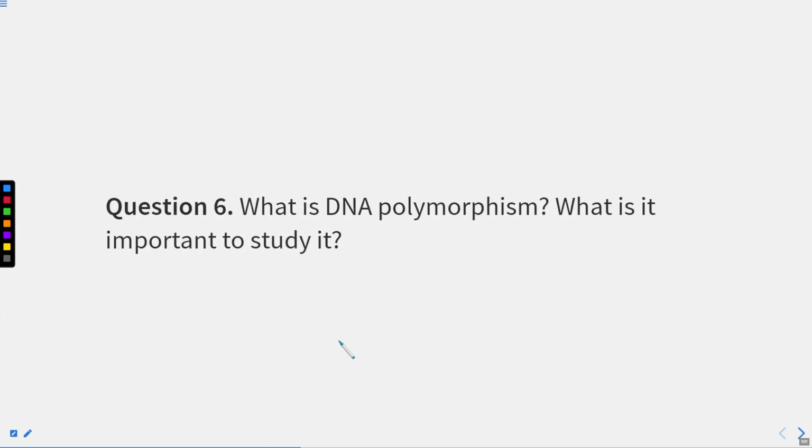Now, question number 6. What is the DNA polymorphism and what is the importance to study it? So DNA polymorphism is basically the presence of two or more variants of a specific DNA sequence.